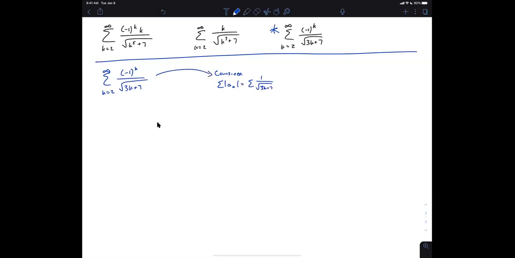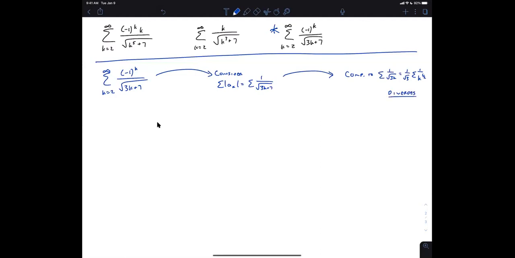We're done with that first part. Now we'll compare that to the sum 1 over the square root of 3k, which is 1 over the square root of 3 times the sum 1 over k to the 1/2. It's a p-series. So this converges, this diverges.